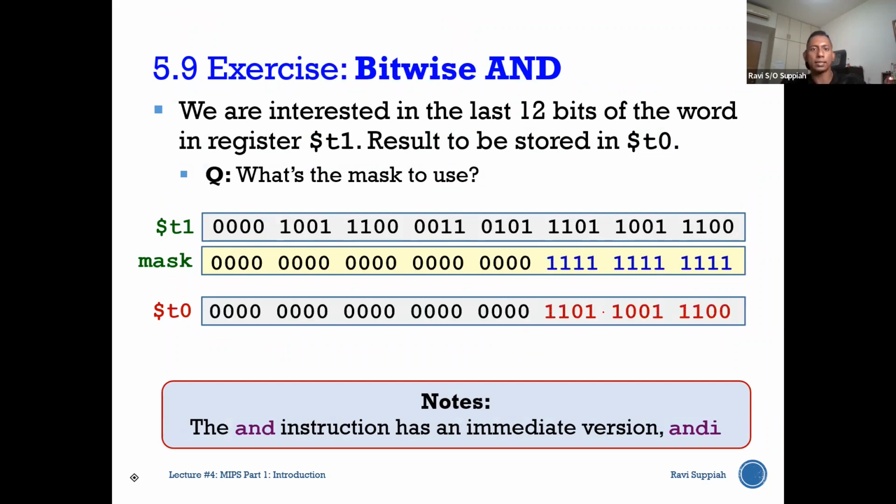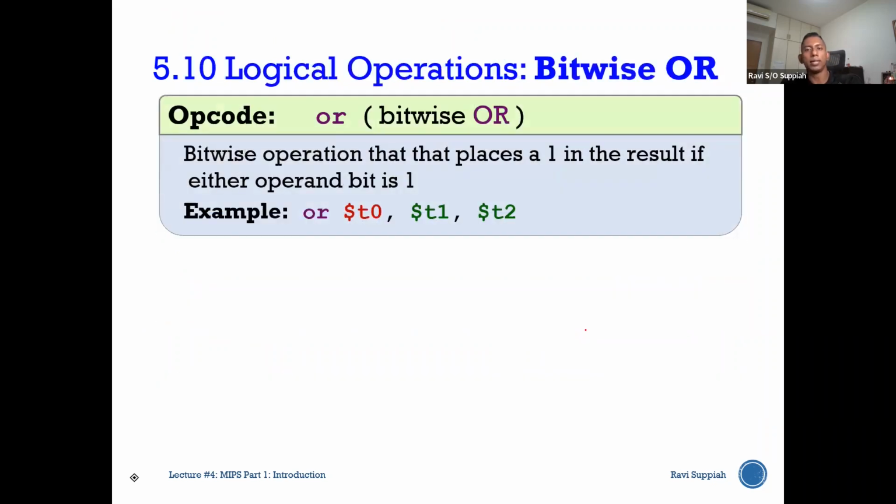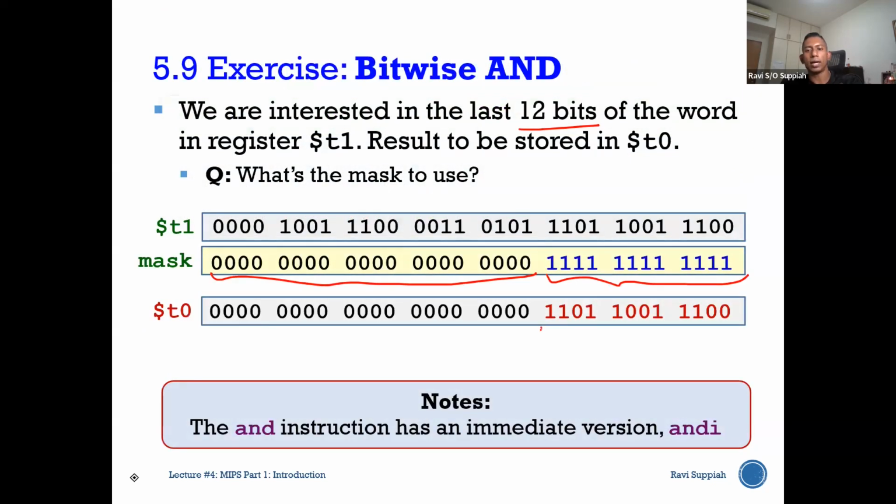Here is another example. In this case, I'm only interested in the last 12 bits, so the last 12 bits are all 1 in the mask and everything else is 0. When I do the AND operation, I only retain the value of the last 12 bits and everything else becomes 0.